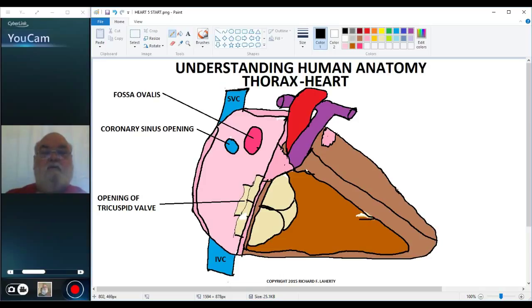So I'm going to draw one in here, and I'm going to draw another one in over here, and then a third one lying more posteriorly, like so.